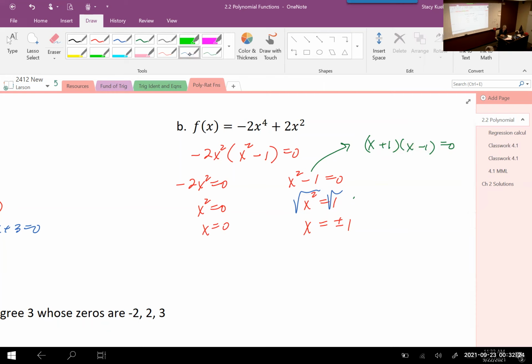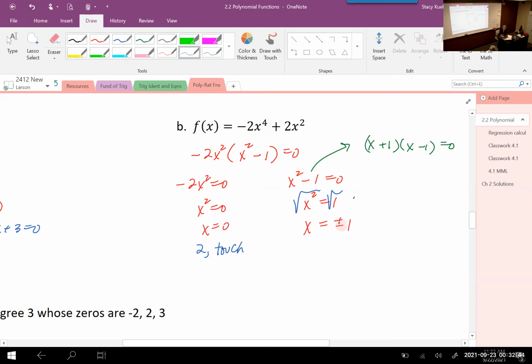Now let's come back to the root at 0. What's the multiplicity here? It has a multiplicity of 2, meaning I'm going to touch. What's the multiplicity for this second value?